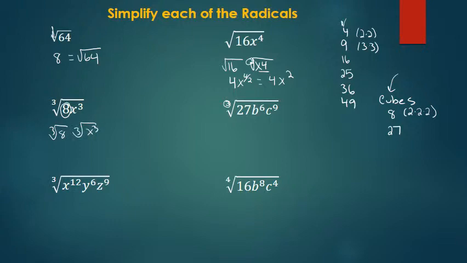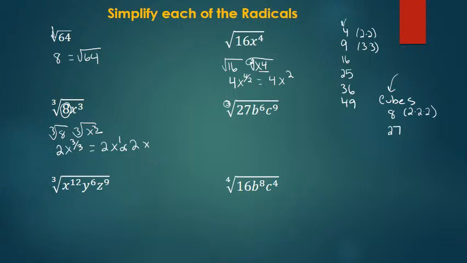The cube root of 8 is 2 because 2 times 2 times 2 is 8. And then I do x to the 3, that's the exponent on the inside, divided by the root. So my final answer is 2x to the 3 divided by 3, which is 1, or 2x. Either of those are perfectly fine for the answers.